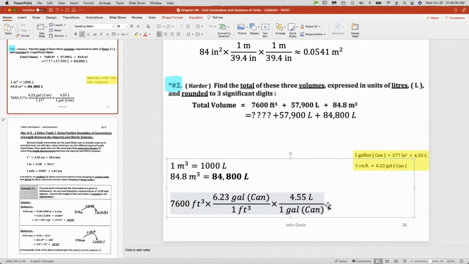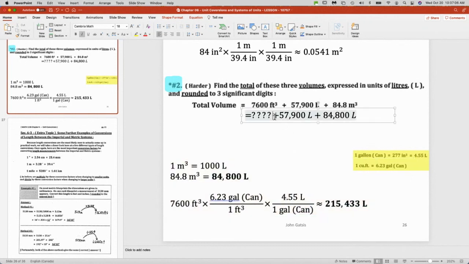I'm just going to write that down here. 215,433 liters, which we can import to the previous stuff over here. So this calculation now is getting down to business. We have 215,433 liters. Now they're all consistent. I like that.